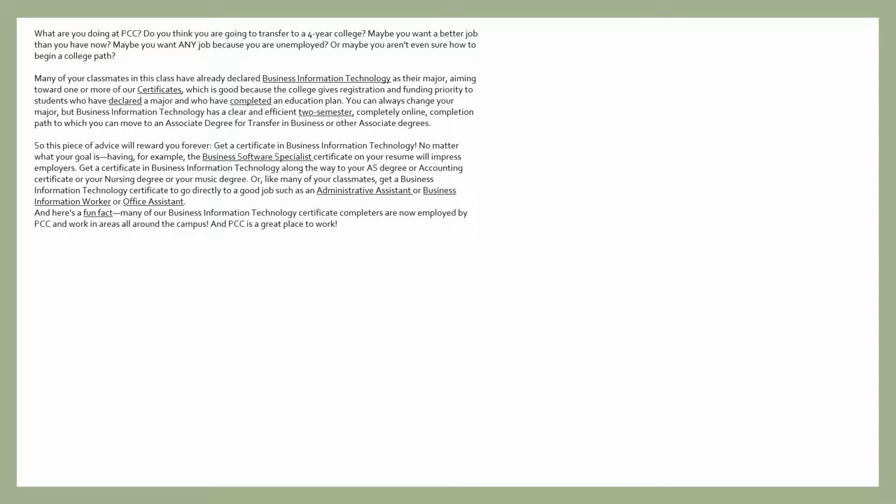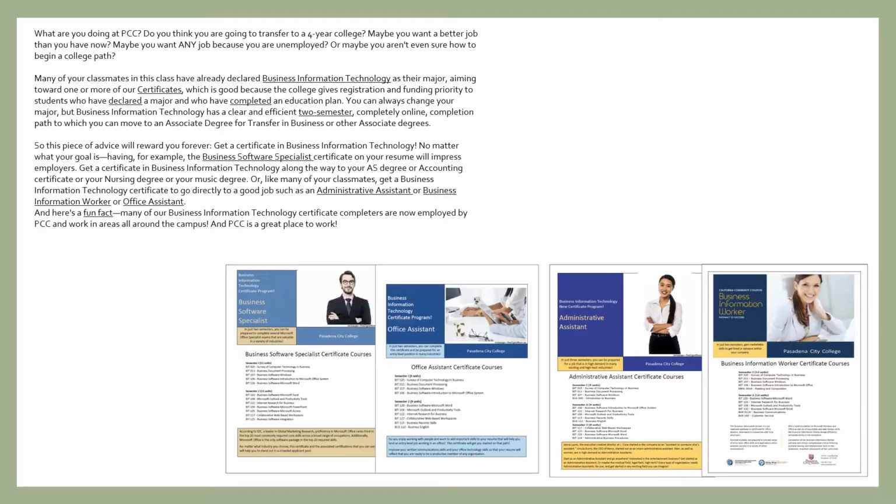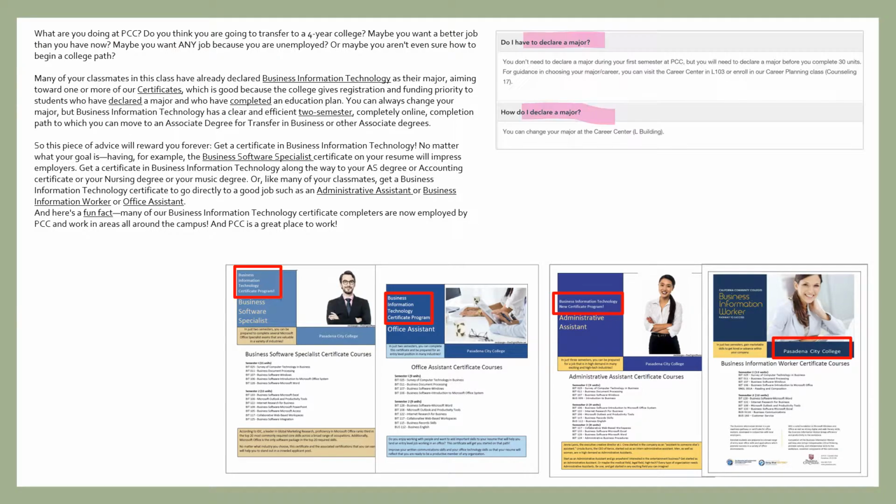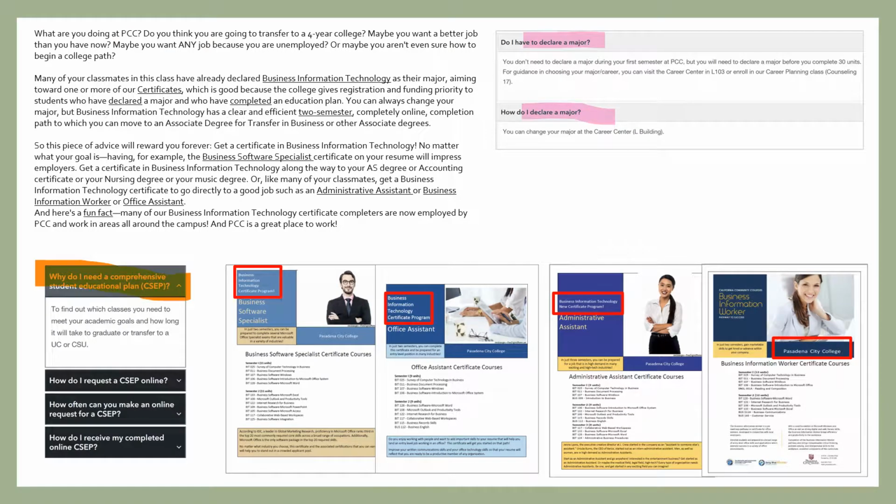Many of your classmates in this class have already declared business information technology as their major, aiming toward one or more of our certificates, which is good because the college gives registration and funding priority to students who have declared a major and who have completed an education plan. You can always change your major, but Business Information Technology has a clear and efficient 2-semester, completely online completion path to which you can move to an associate degree for transfer in business or other associate degrees.